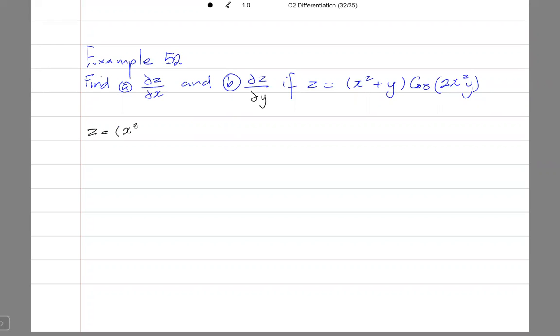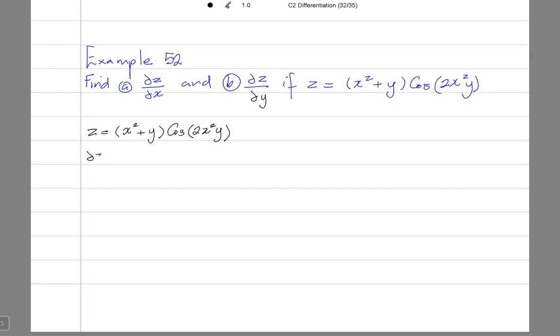This is x squared plus y, the cosine of 2x squared y. And we're going to partially differentiate this with respect to x. When you partially differentiate with respect to x, you must treat y as a constant.